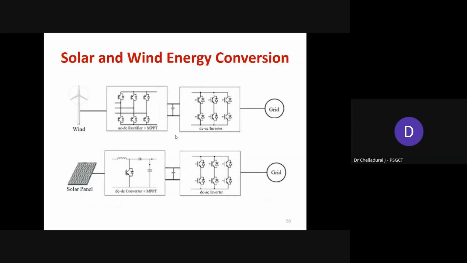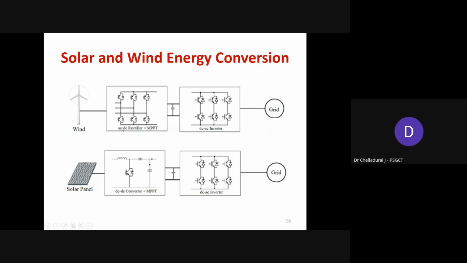The next one, in solar and wind energy conversion systems, different topologies are available. In the wind energy conversion system, here I have indicated both AC into DC conversion and DC into AC conversion with the help of IGBT based voltage source converters.